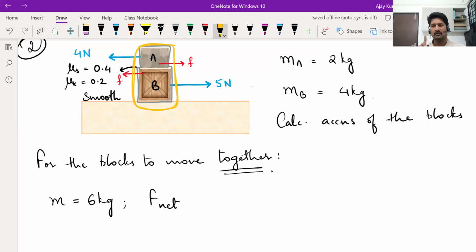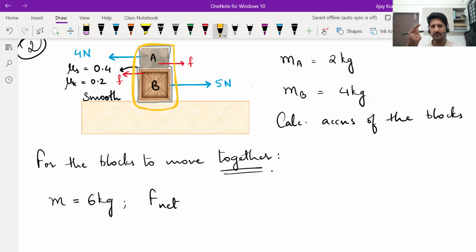Always remember, internal forces do not disturb the overall motion of the system. What do I mean by that? You see, every force has an equal and opposite reaction. The friction exerted by A on B is an internal force.